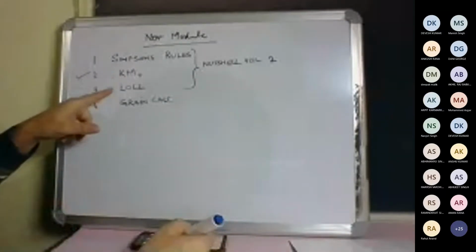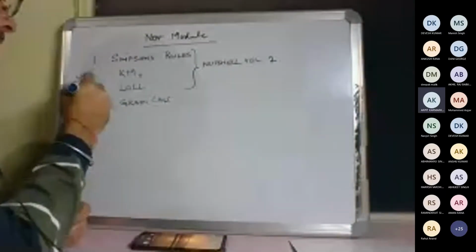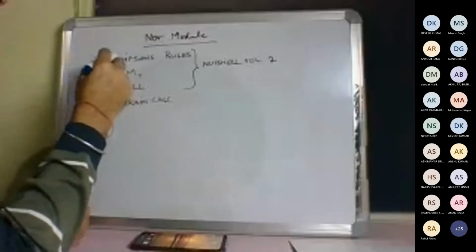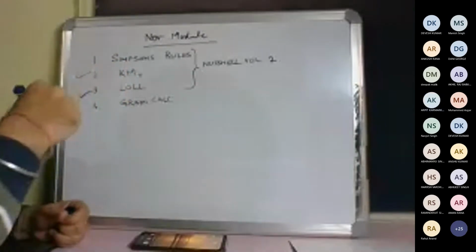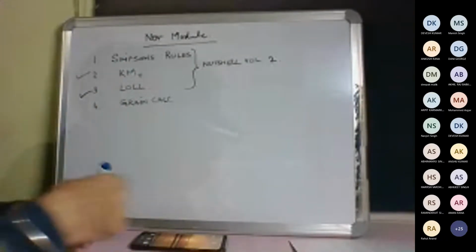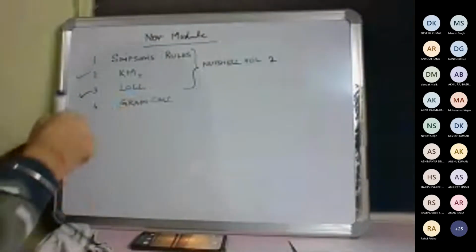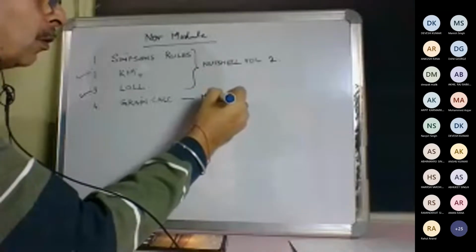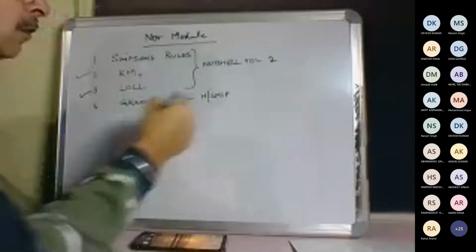After KMT, I'll go on to angle of loll, and then I'll switch over to the bigger one, which is Simpson's rules. Grain calculations, obviously, we'll be doing from Hinship.